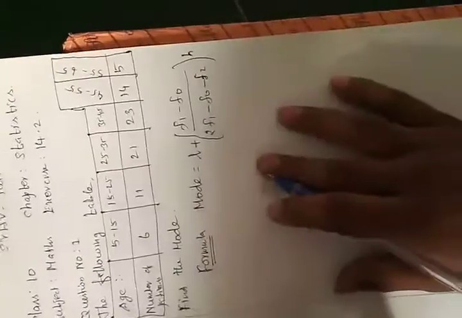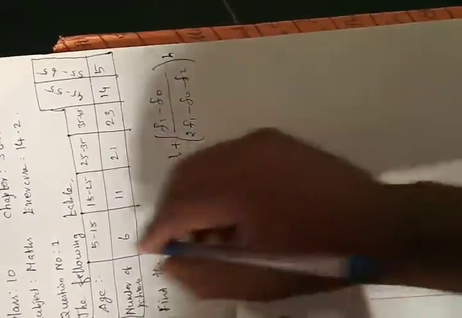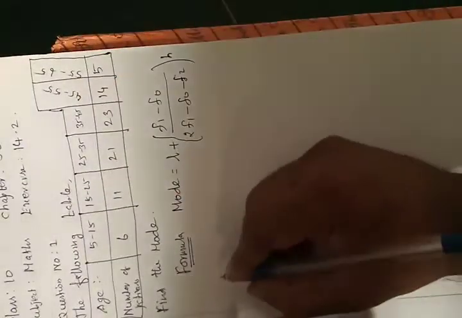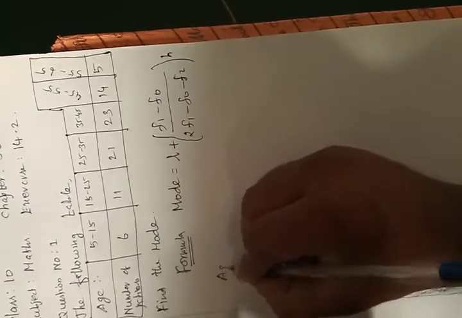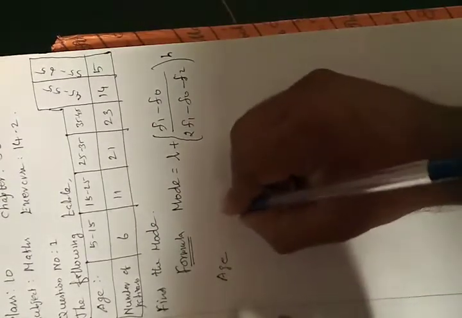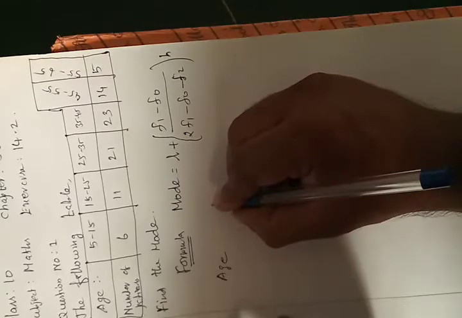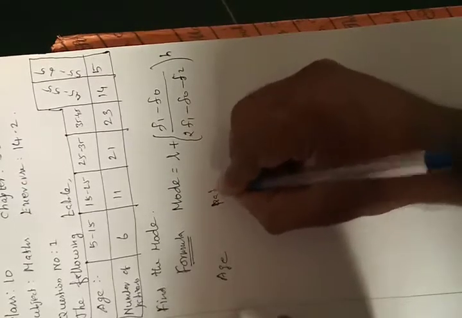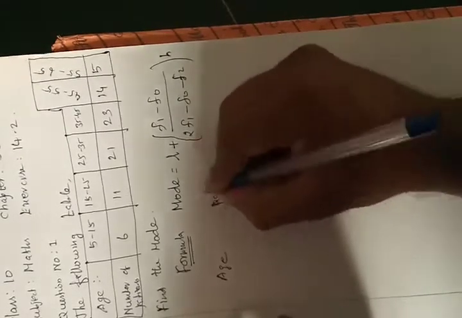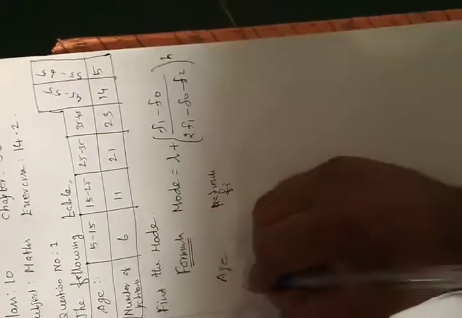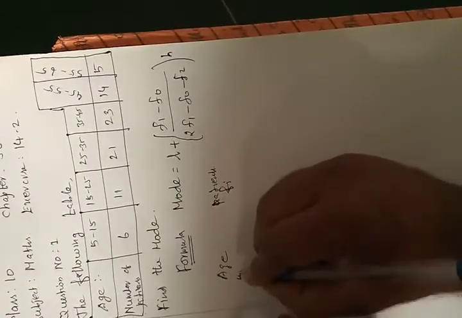Now how to solve this sum? Write the given sum once again. Here age, and here number of patients, which is fi, this is xi.